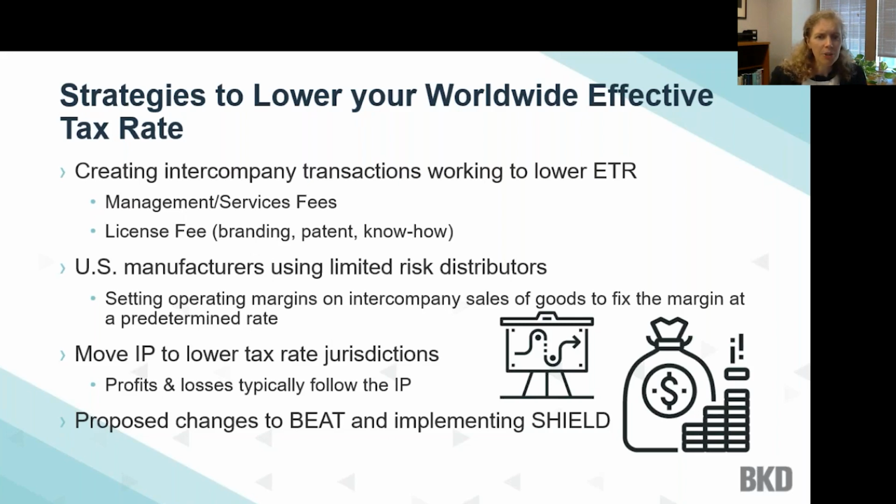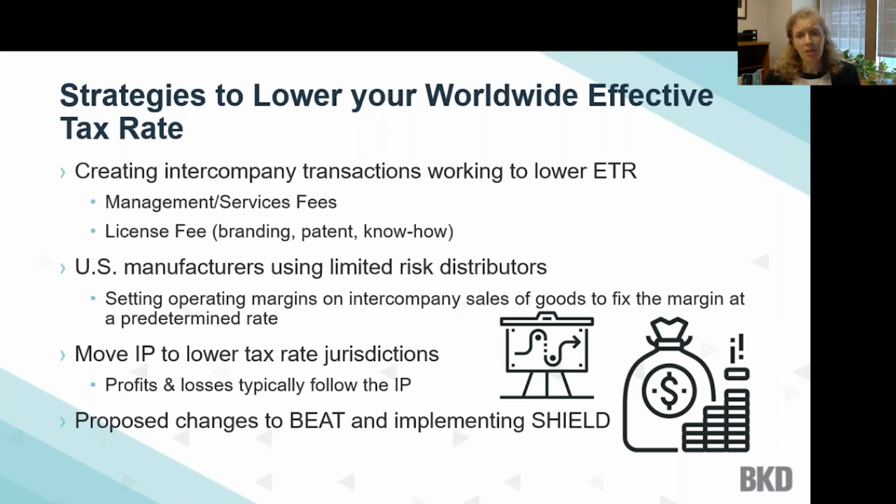Other ways, especially if you're a US headquarter company with subsidiaries abroad, and those subsidiaries really are just distributors, that's really their only function, perhaps think about making them limited risk distributors. The idea is that risk equals reward, so if you're limiting their risk, you're limiting their reward.